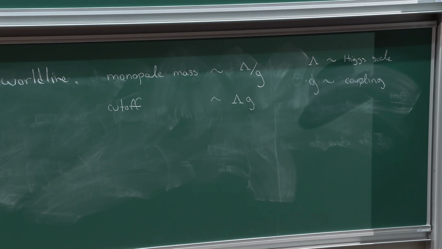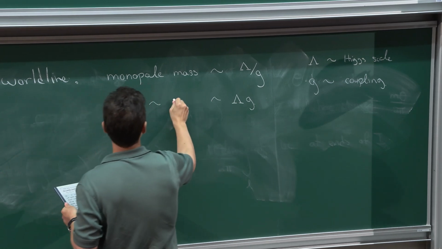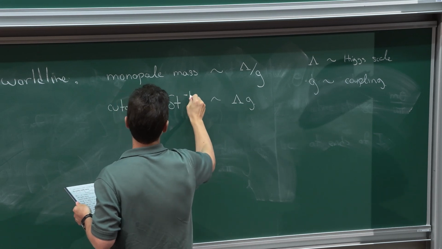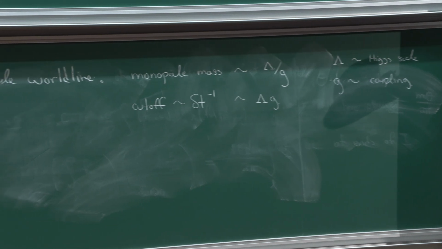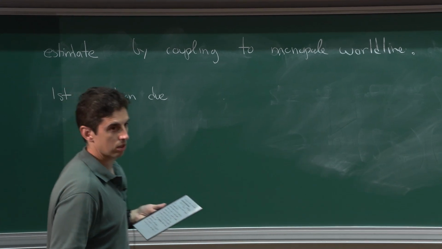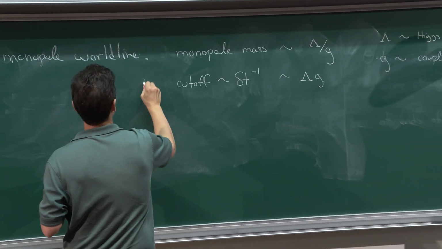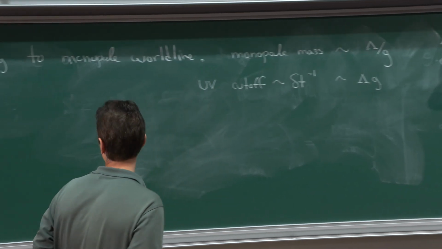Now this cutoff, you could think that it creates a shortest distance or time scale that you're allowed to study in this IR effective field theory. Sorry, UV cutoff, yeah, UV cutoff. It's the UV cutoff of the IR effective field theory. Thank you.